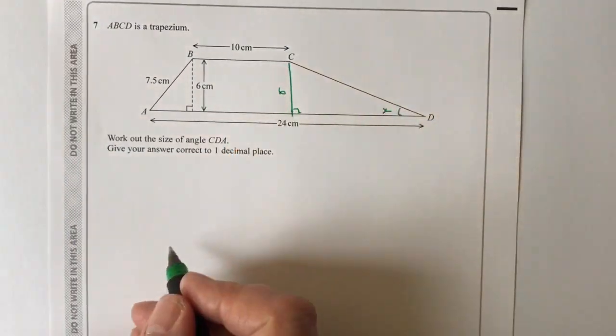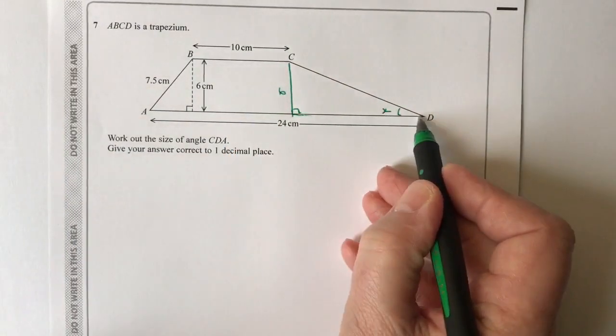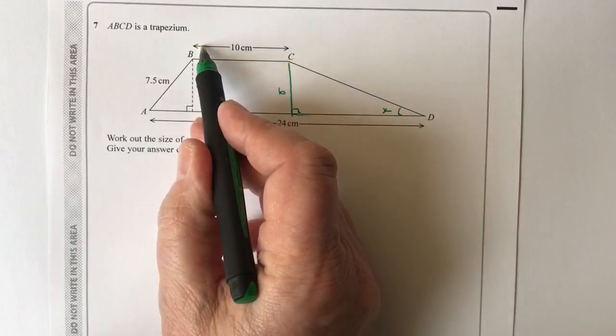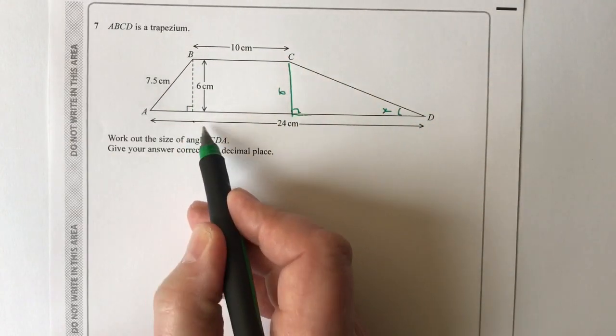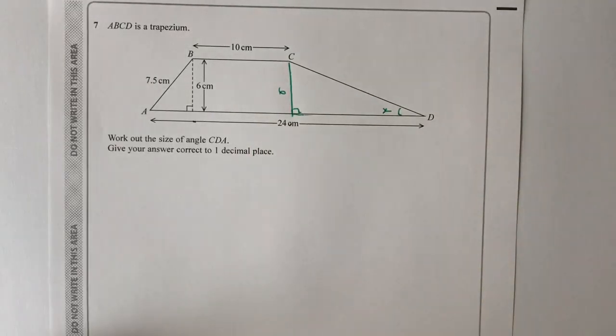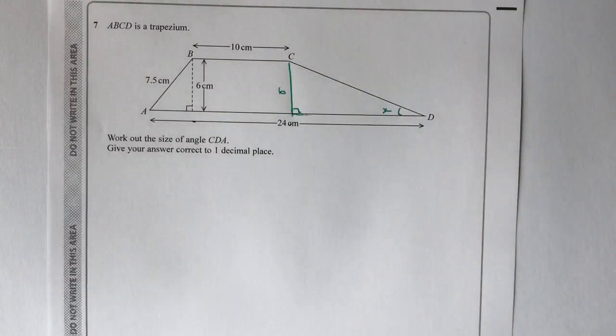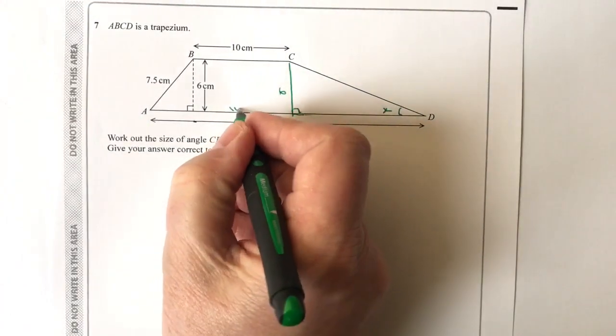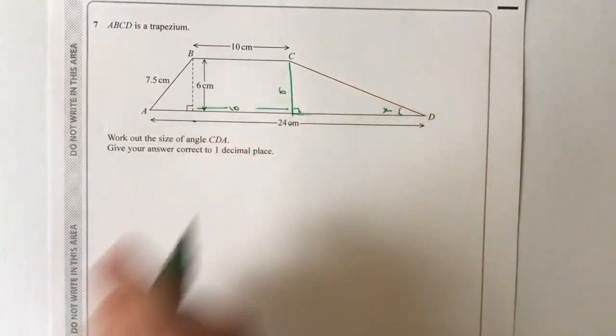We don't know this length. However, we do know this is 10. So from that point to this point is going to be 10. I might just write that in. So that's 10 along there.